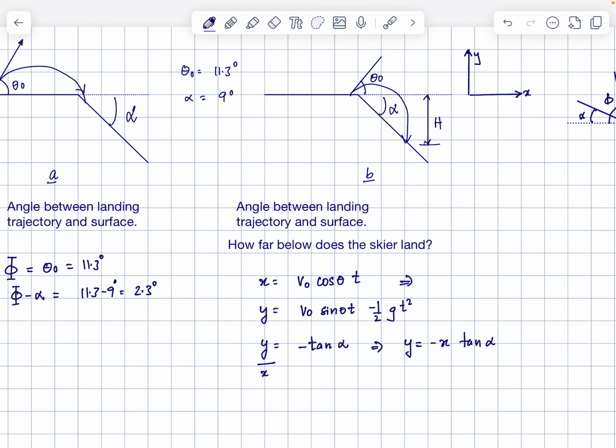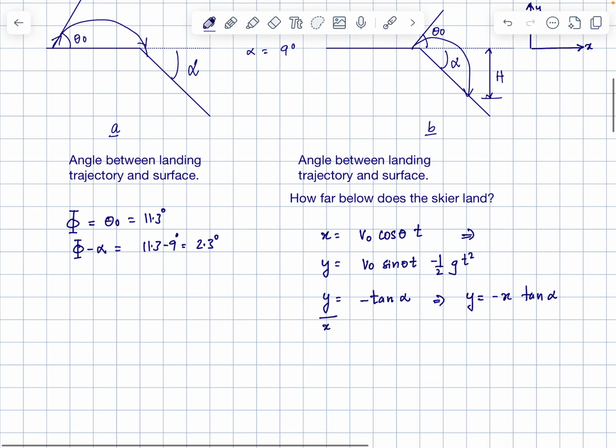Okay, so let's divide number 2 by number 1.